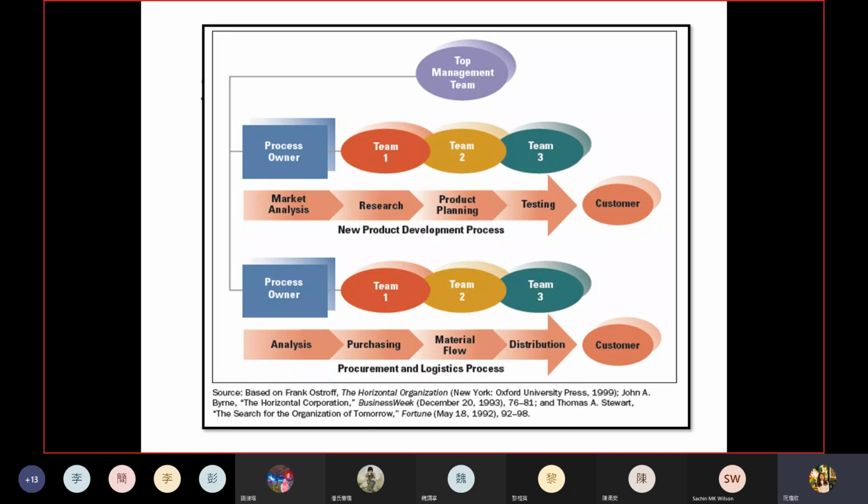So that is why it may happen that members in horizontal structure may not have the opportunities to increase their expertise.